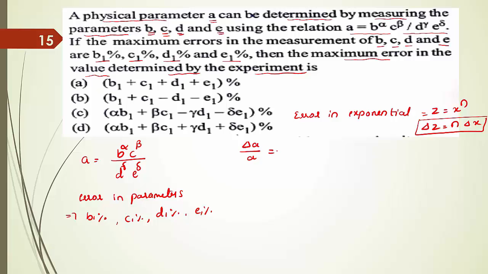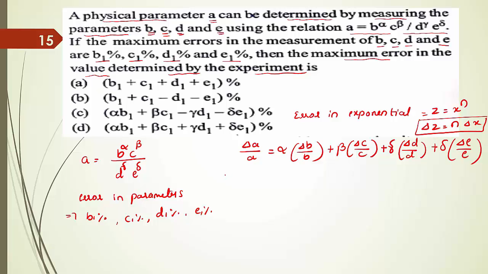Delta A over A equal to B raised to alpha can be written as alpha into delta B over B plus beta into delta C over C plus gamma delta D over D plus delta E over E. This is error in exponential.